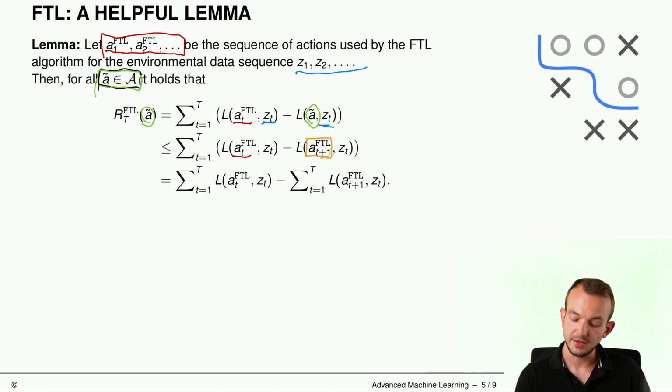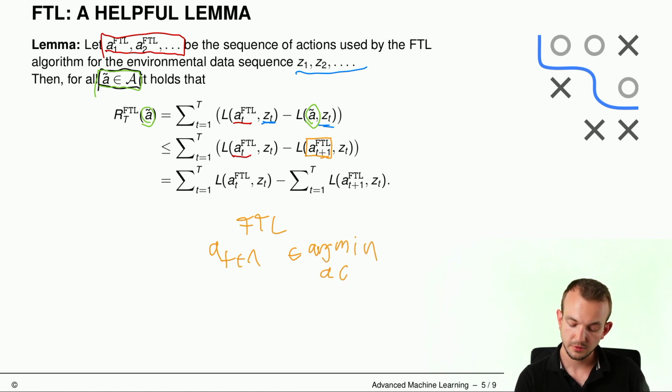So why in advance? Because here what we have is, recalling the definition, this is the minimizer of the cumulative loss in time step t.